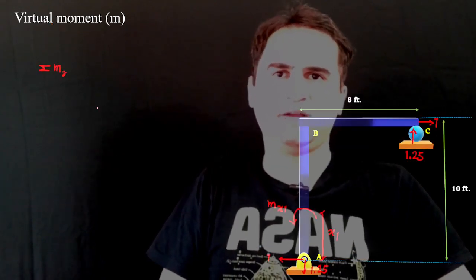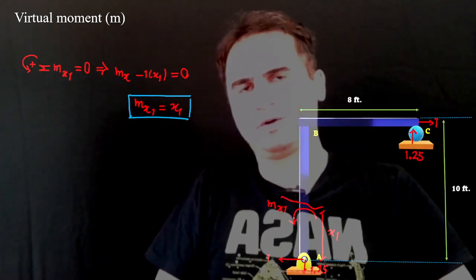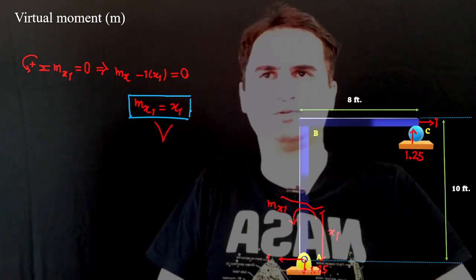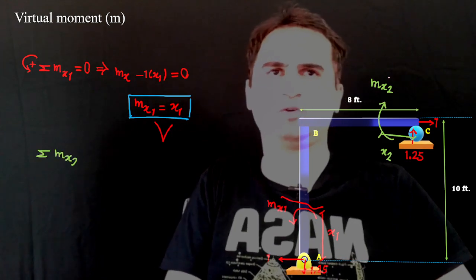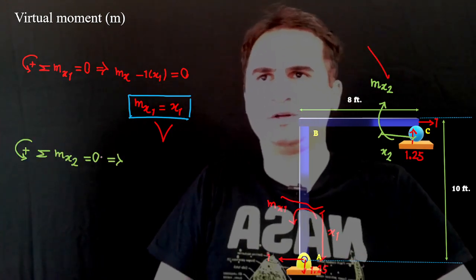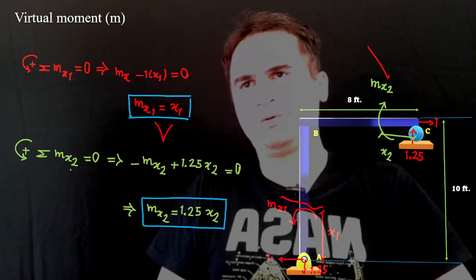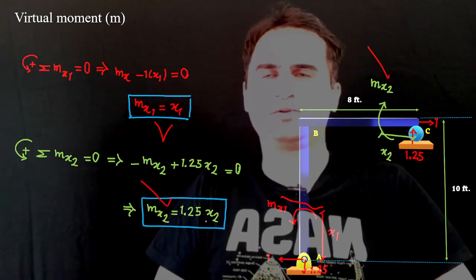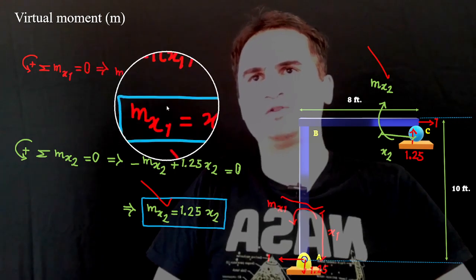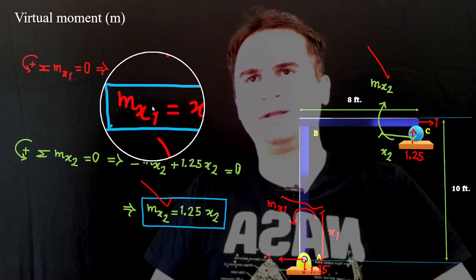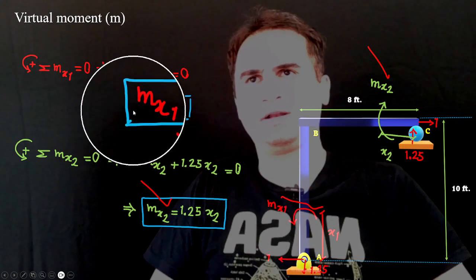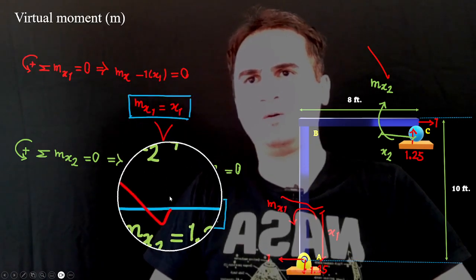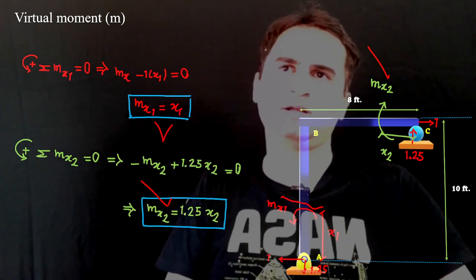As soon as we have that, we can cut the section by creating m for the first part, m(x1) equal to x1. For the second part, the summation of moment about x2 gives m(x2) equal to 1.25 x2. In the previous part we had capital M(x1). Here we got small m(x1), which is virtual, and also small m(x2).